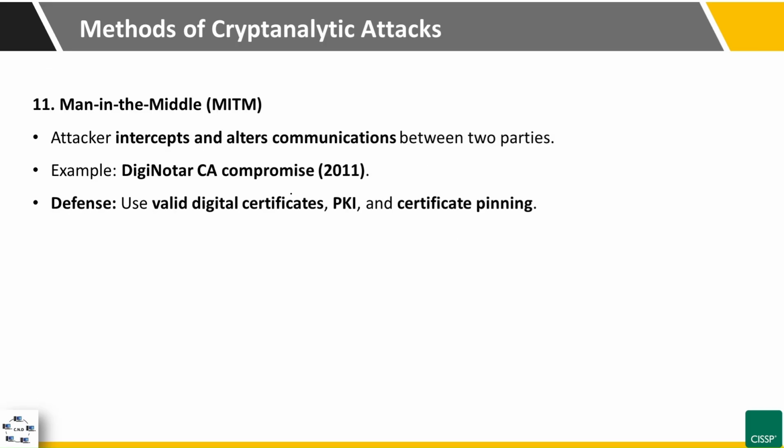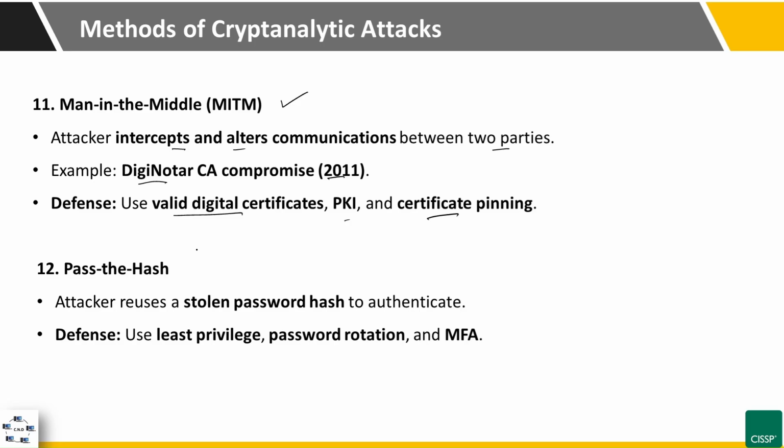And number 11 is man in the middle attack. The attacker intercepts and alters communication between two parties. An example is the DigiNotar Certification Authority compromise in 2011, and defense is to use valid digital certificates, PKI, and certificate pinning. And number 12 is pass the hash, where the attacker reuses a stolen password hash to authenticate.